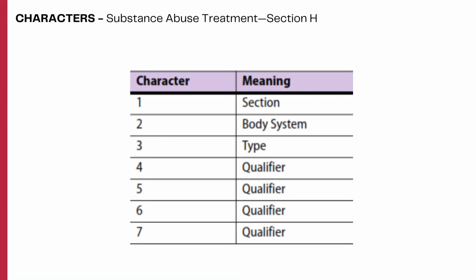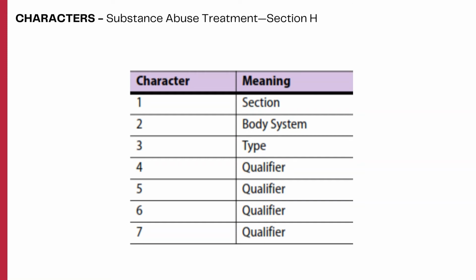Substance abuse treatment codes have a first character value of H. The second character is used to identify the body system, usually elsewhere in the ICD-10 PCS, so you will find that the body system value is always none. The third character specifies the type of the procedure. There are 7 values classified in this section.